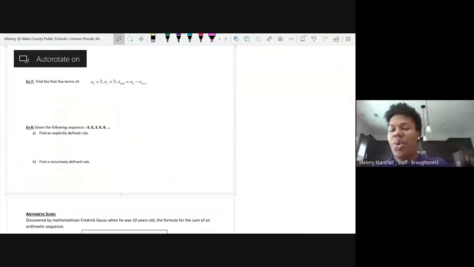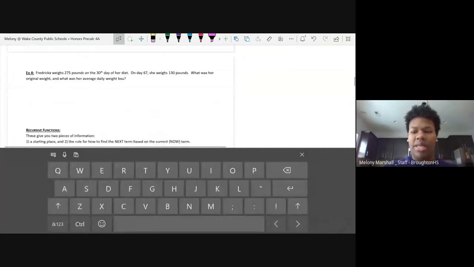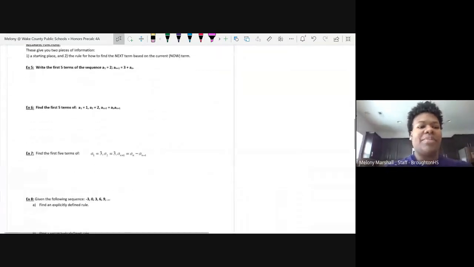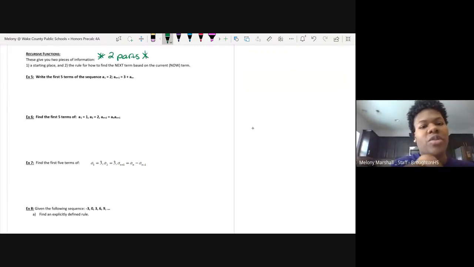We're gonna do recursive formula. When you are doing recursive formulas, recursive always has two parts, so that's a key. The first part is a starting place. You have to figure out what a sub 1 is. That's step 1.